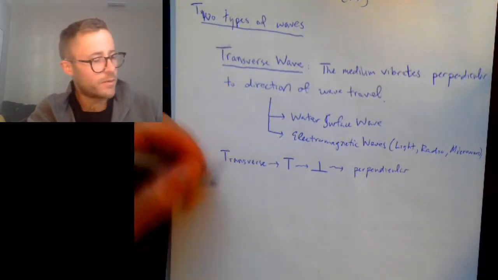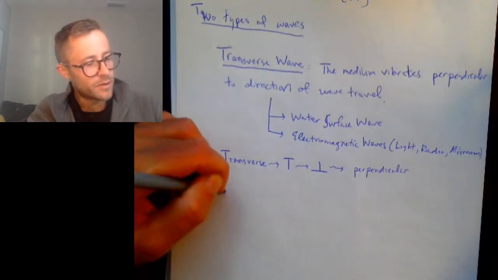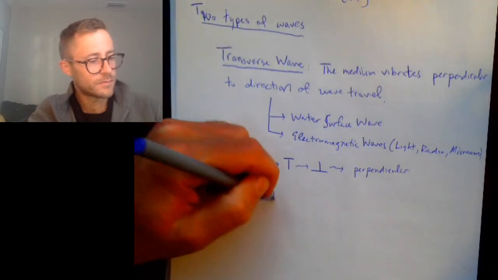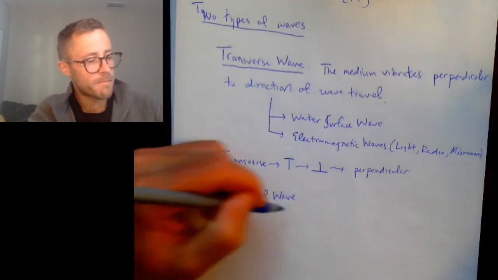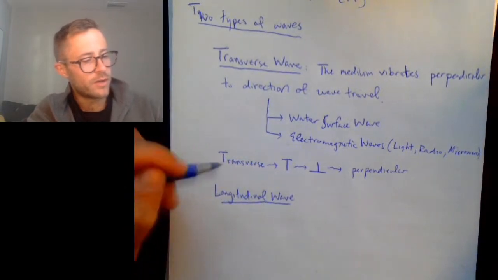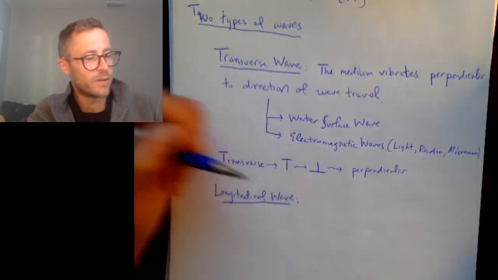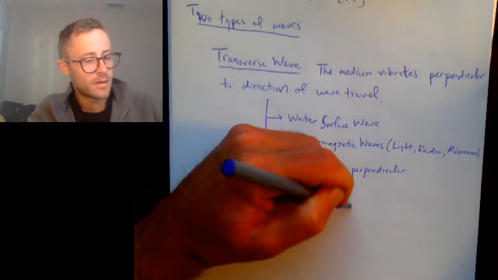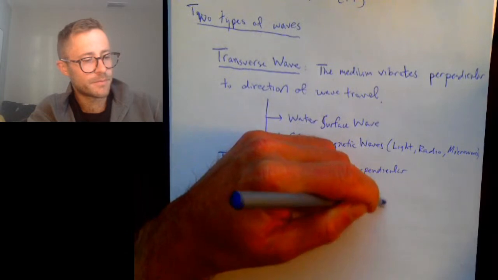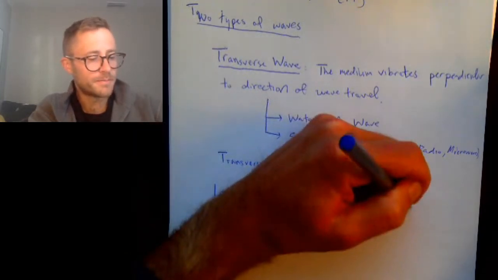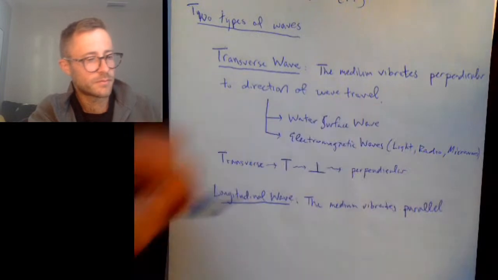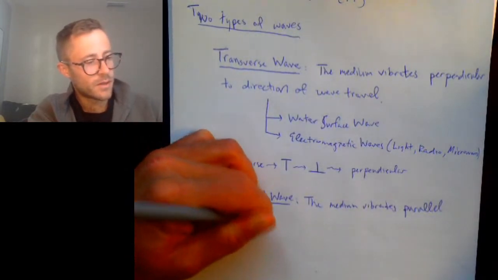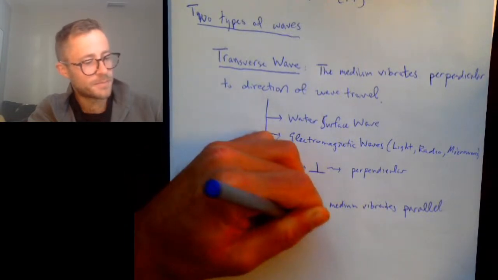The other type of wave is called a longitudinal wave. A longitudinal wave is a wave where the medium vibrates parallel to the direction of wave travel.